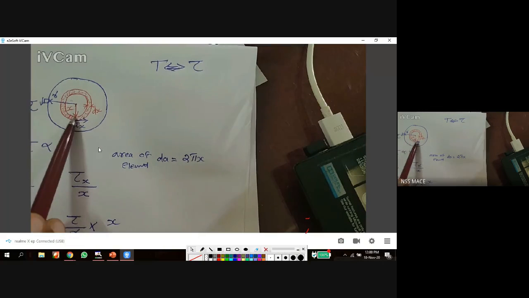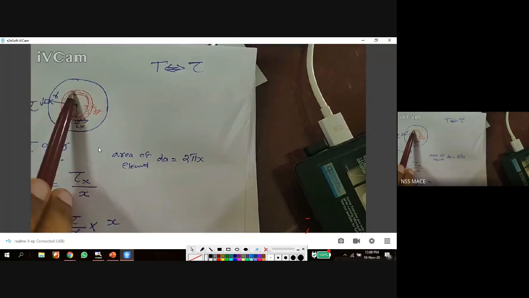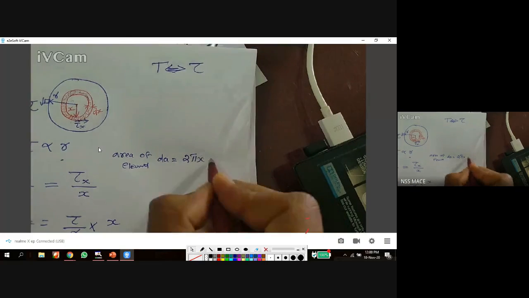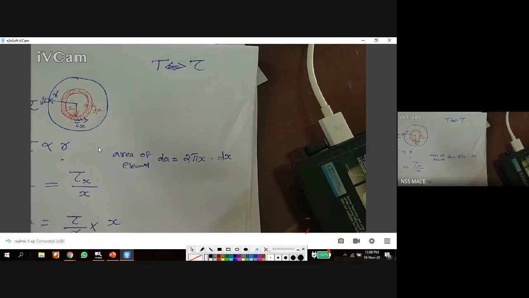For a circle the perimeter is 2 pi r, but here the radius is x. So the perimeter is 2 pi x, and the thickness is dx. So that is the area, 2 pi x into dx. Any doubt? 2 pi x into dx is the area of the red hashed elemental area.